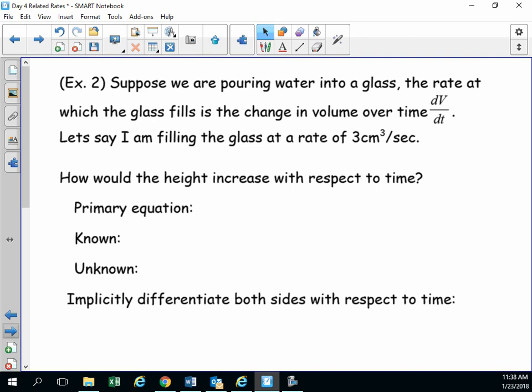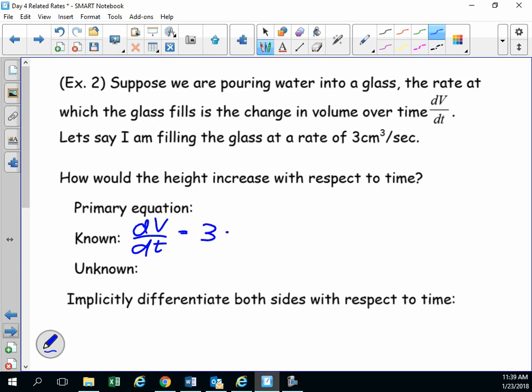And it says I'm filling it up at a rate of 3 centimeters cubed per second. What does that talk about? The rate of the volume. So I know that dV dt is 3 centimeters cubed per second.